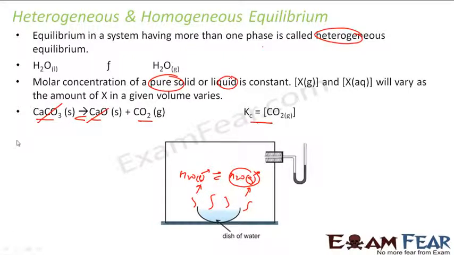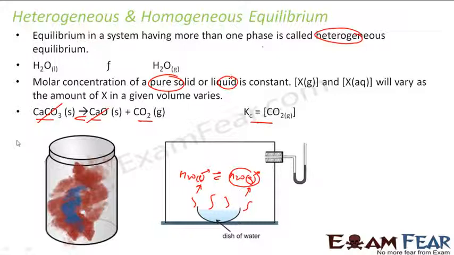Now let me take one example of homogeneous equilibrium. In this example everything is in gas form. Maybe I have 2H2 plus Cl2, all in gas, gives 2HCl. Everything is in gas.